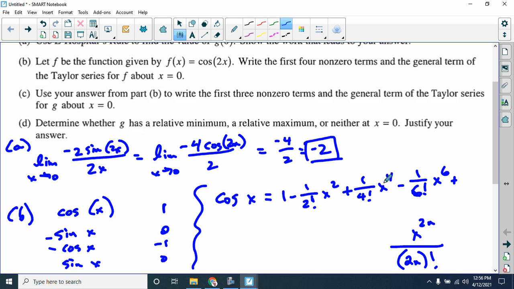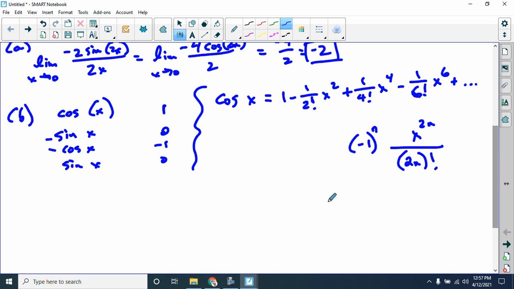We've taken care of the x part. We've taken care of the bottom. We just need to take care of the plus and minuses. Negative 1 to the n: plugging in 0 gives me positive, plugging in 1 gives me negative, plugging in 2 gives me positive, and so on. So that's cosine x. It asks for cosine 2x.